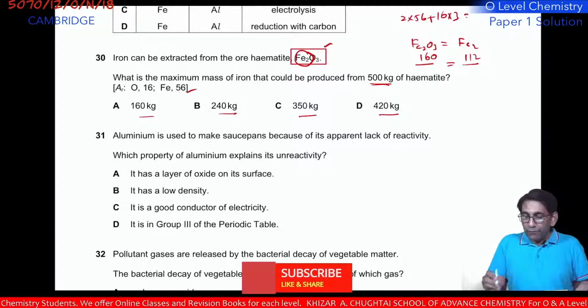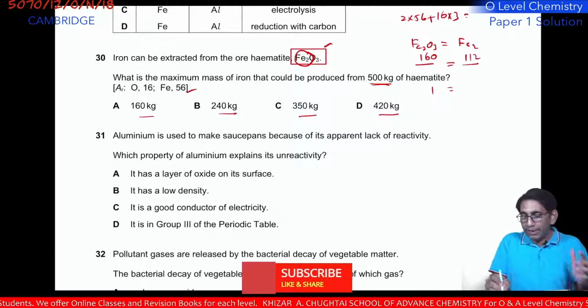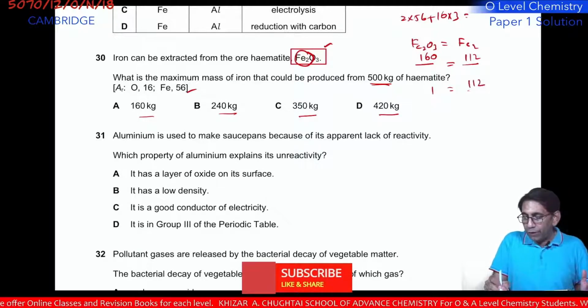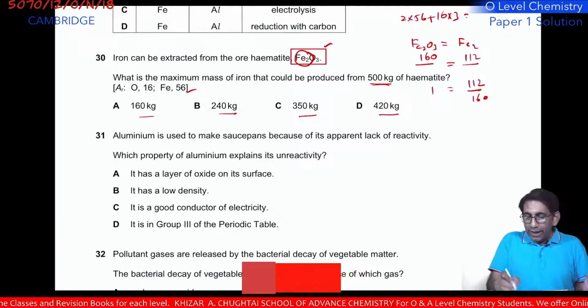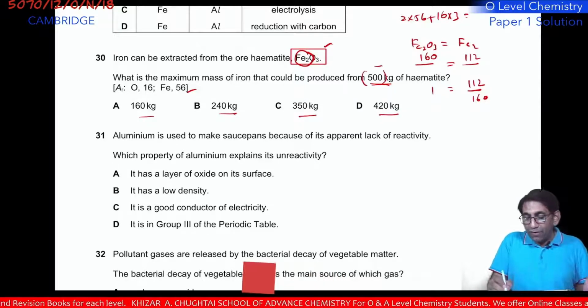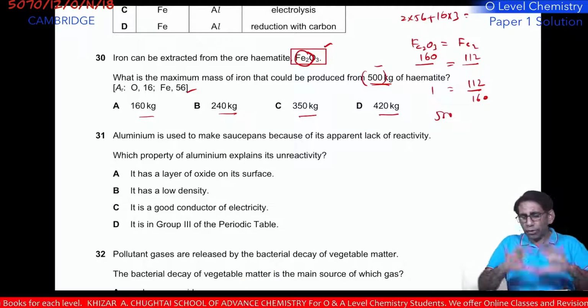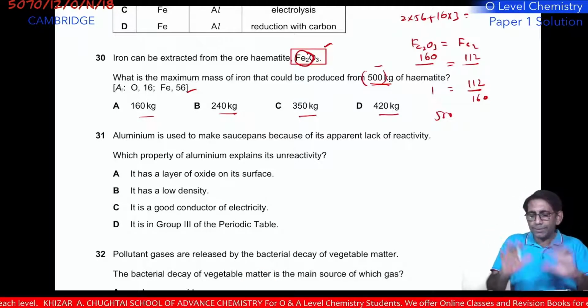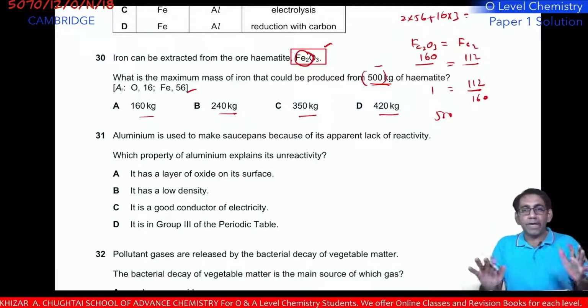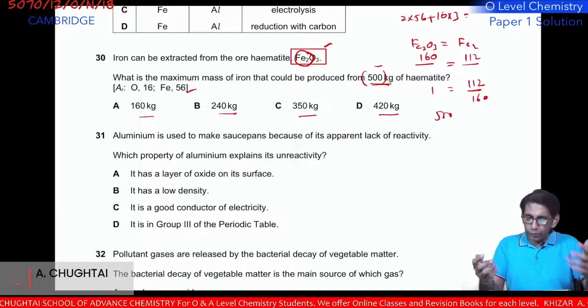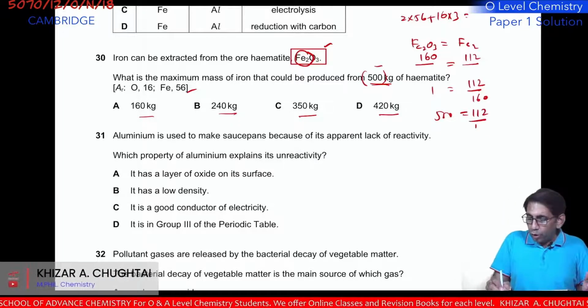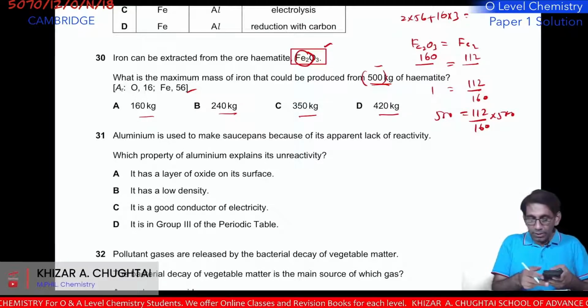If I use 1 gram, how much iron will there be? 112 over 160. In this case, I'm using 500; let's suppose the whole units are in grams. So 112 over 160 times 500.